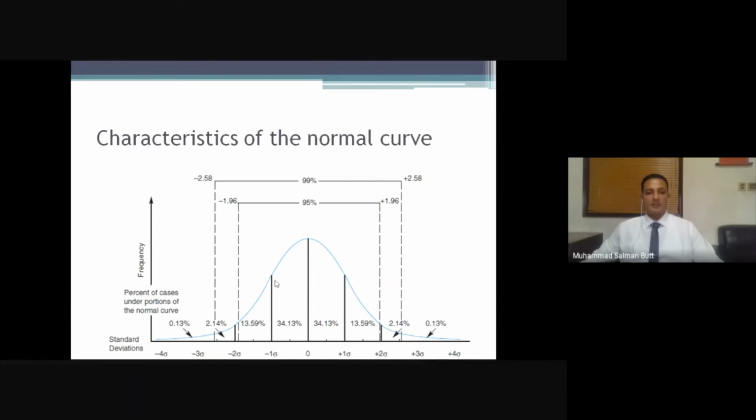And there is a straight inclined line which will account for around 13.59% of the area. If you move from 0 to the area where the straight line ends, you will find a total area which is the accumulation of 34.13%, which is the dome area, and the straight line area of 13.59%, which will count for around 95% if you sum up both sides of your curve.